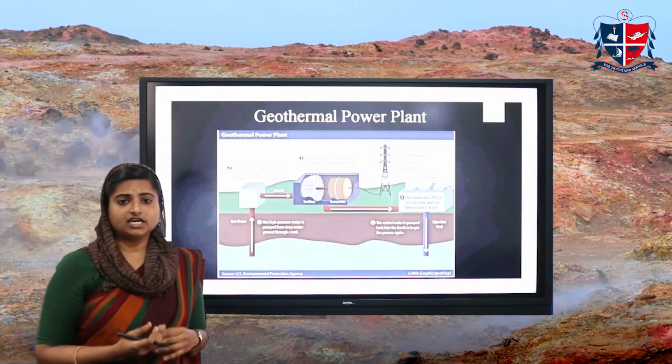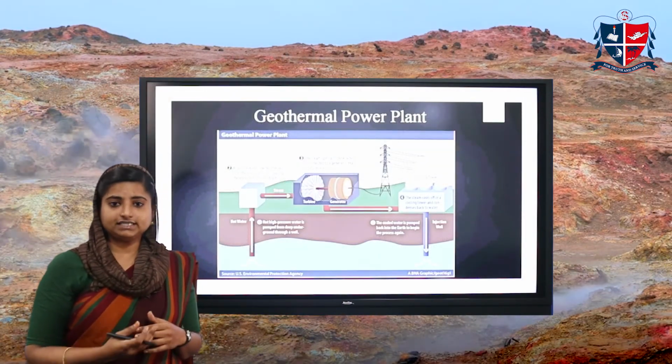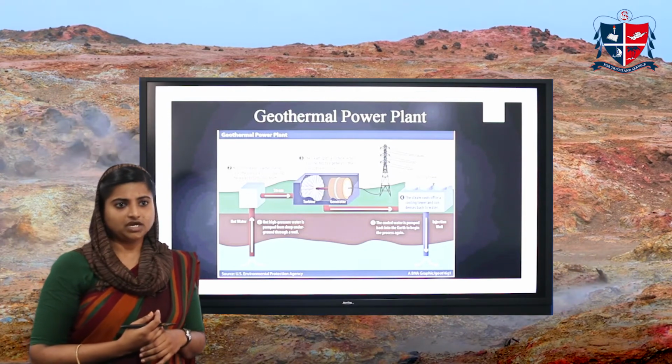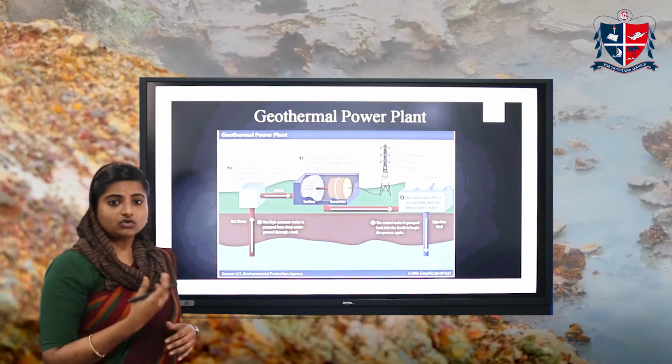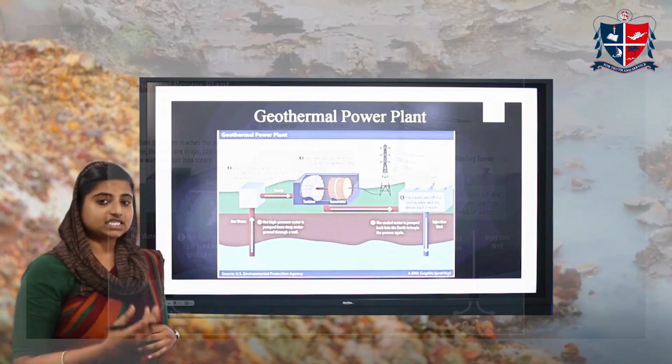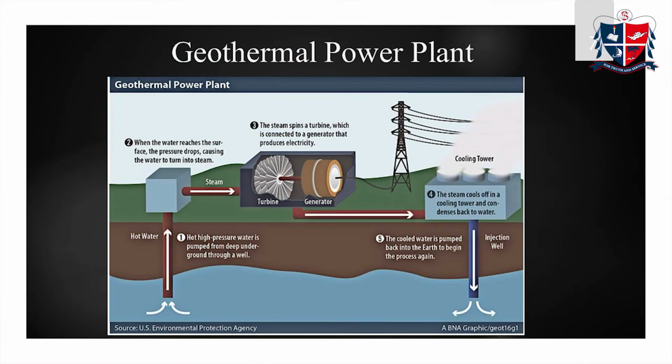Now let's see how a geothermal power plant works. We know that if somehow we can rotate a turbine coupled to a generator, we can produce electric current. So the steam coming out of the Earth's surface can be utilized for rotating a turbine which is coupled to a generator, thereby producing electric current.